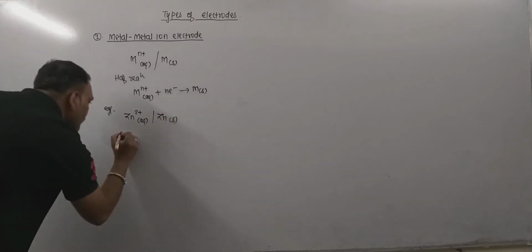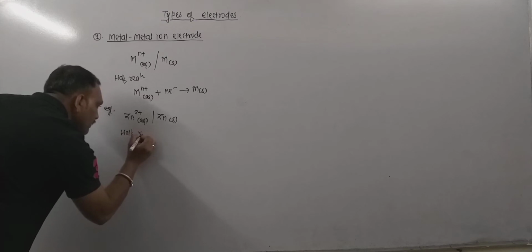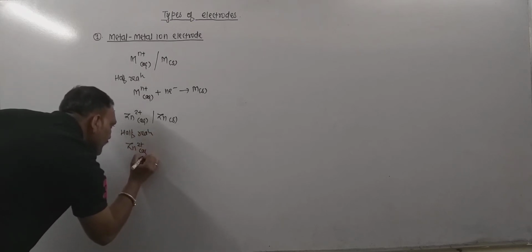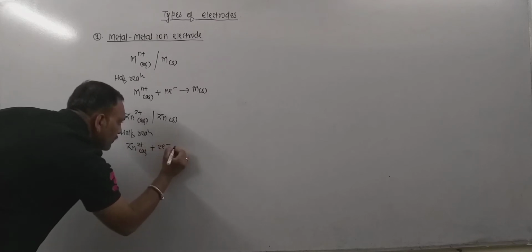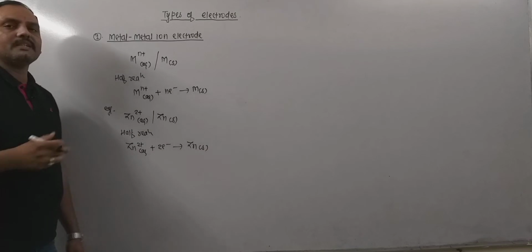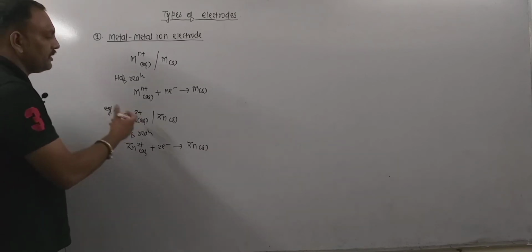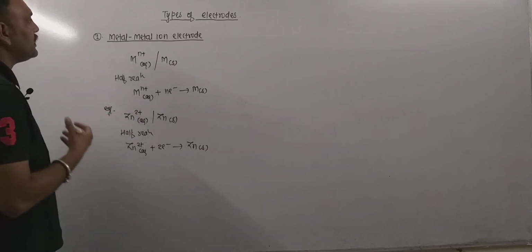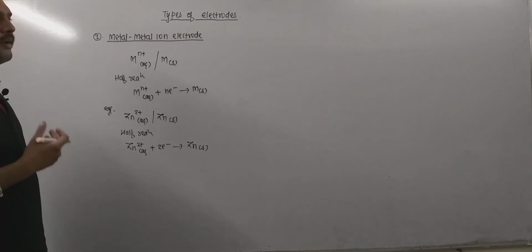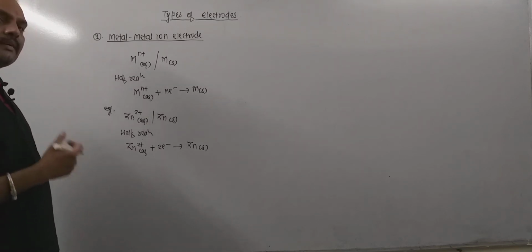The half reaction for this is Zn2+ aqueous plus 2 electrons gives Zn solid. This is the reduction reaction for the given electrode. So, this is the very first type, what we call the metal ion electrode.